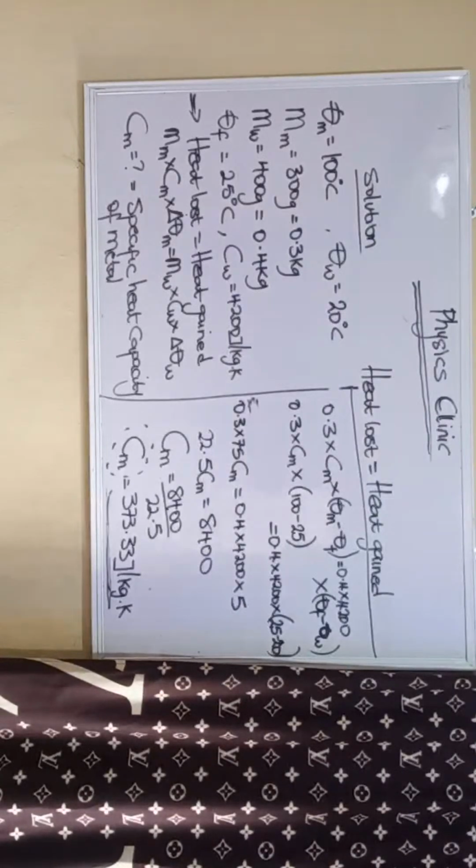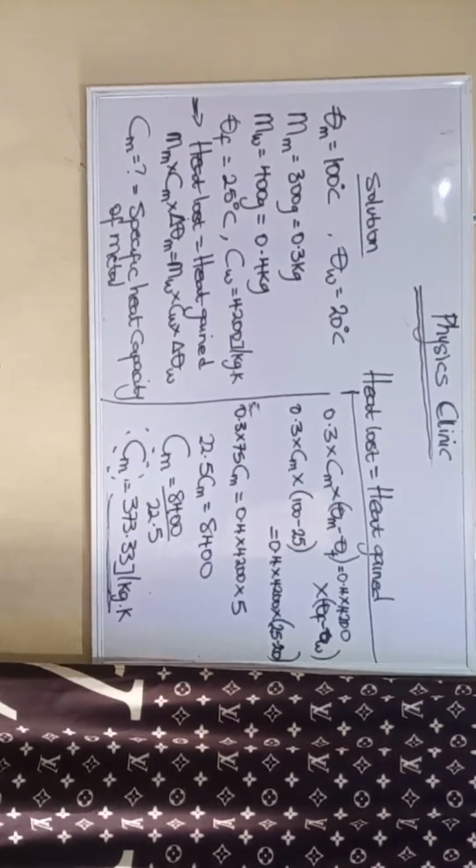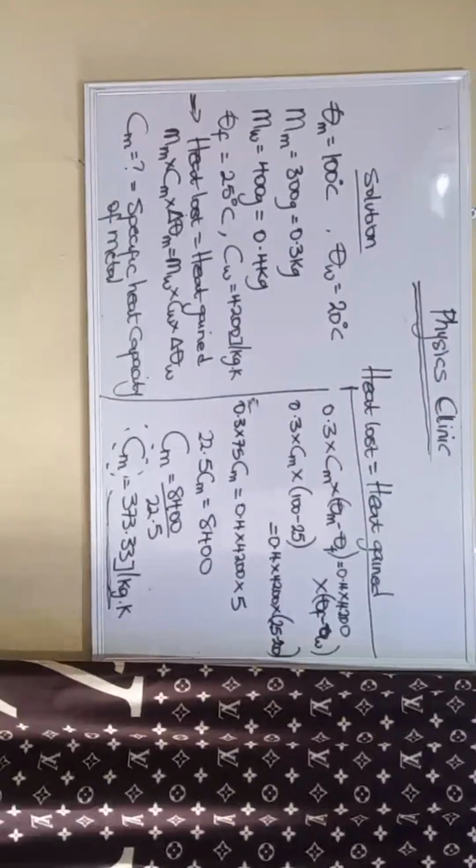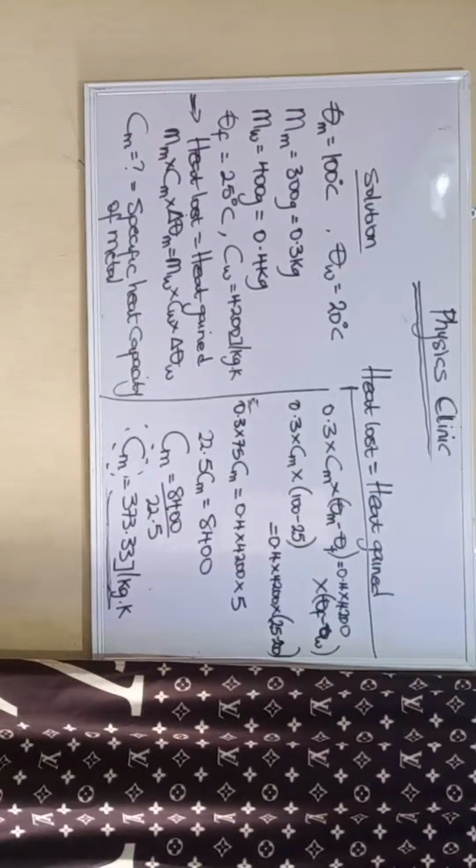Specific heat capacity of water is 4,200 joules per kilogram per Kelvin.